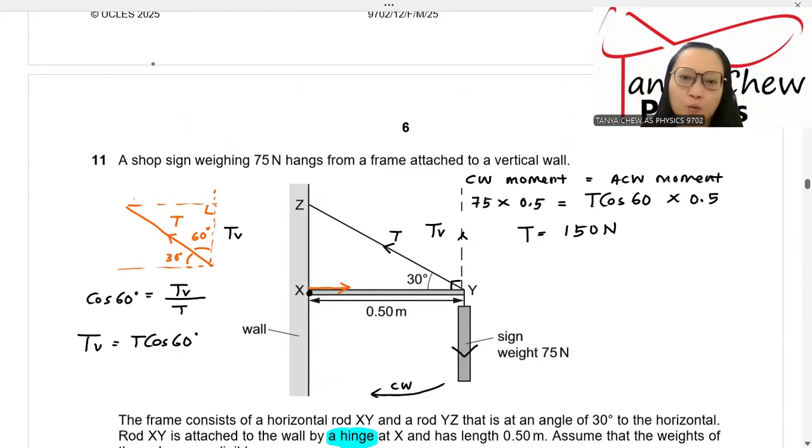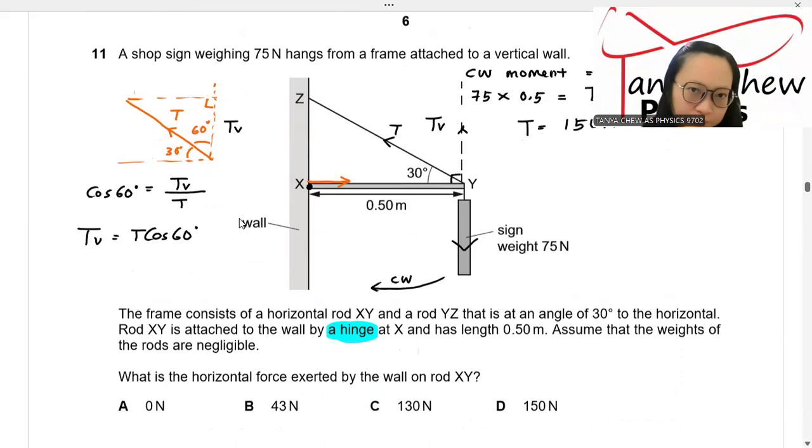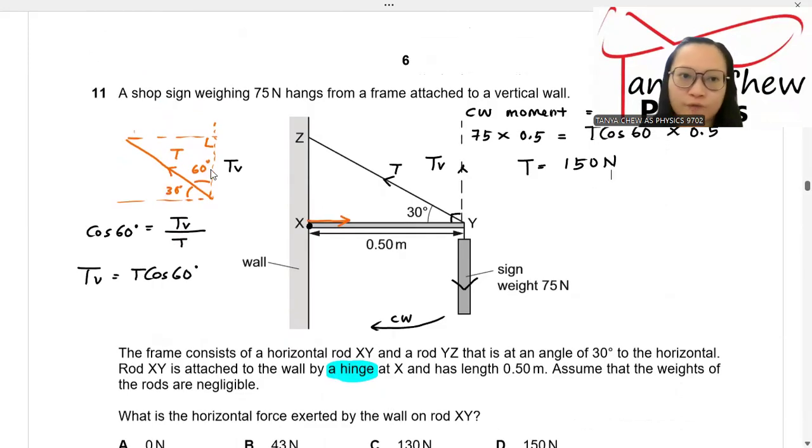Once you get the 150 Newton, remember the question asks you for the horizontal force. The horizontal force is the tension acting in the horizontal direction, balanced. Tension acting in the horizontal direction is towards the left. The horizontal force by the wall is towards the right. Left and right balance. That is why the whole thing is in equilibrium, not moving in any direction.